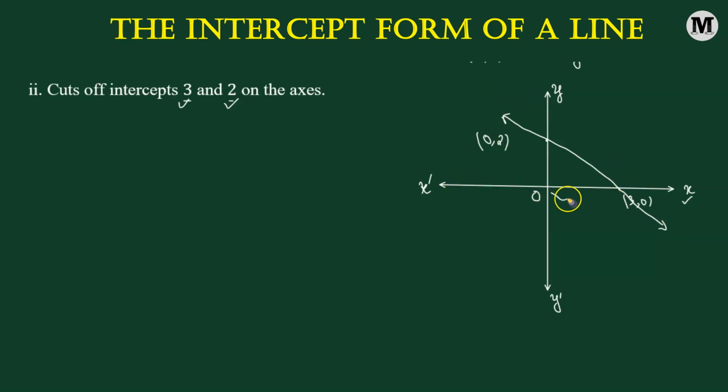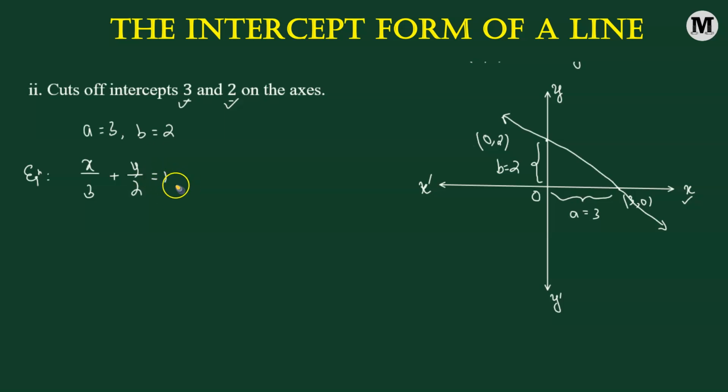Now that's a very simple task. So here A is going to be equal to 3 because the x-intercept value equals 3, and the y-intercept value given by B equals 2 units. So here we have A equals 3 and B equals 2. That means the equation of the line is going to be x over 3 plus y over 2 equals 1.